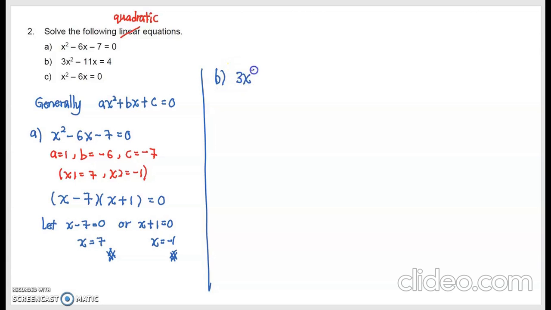3x squared minus 11x is equal to 4. So first, our right hand side must be equal to 0. So we have to move 4 to the left hand side. So here we have 3x squared minus 11x minus 4 is equal to 0.